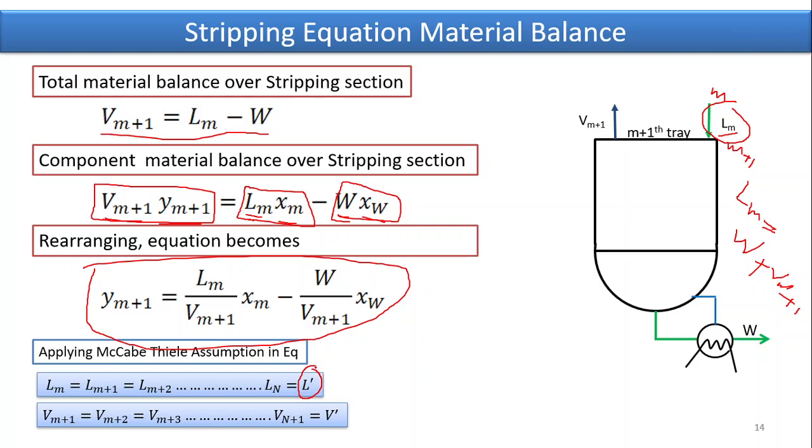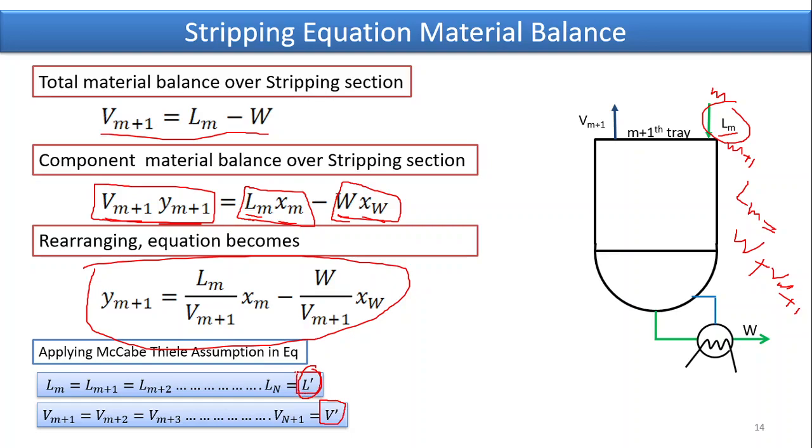If you put L, there will be confusion because the symbol L is taken for the flow rate in the enriching section. So L dash is the flow rate in the stripping section. Got it? Similarly Vm plus 1 is equal to Vm plus 2 and so on, and that is equal to V dash. So V dash is the flow rate of the vapor, and L dash is the flow rate of liquid, in the stripping section.